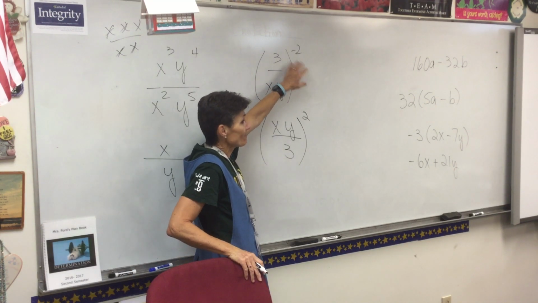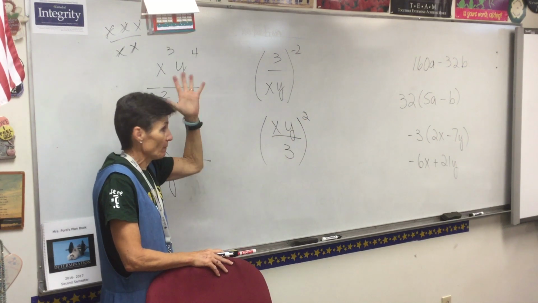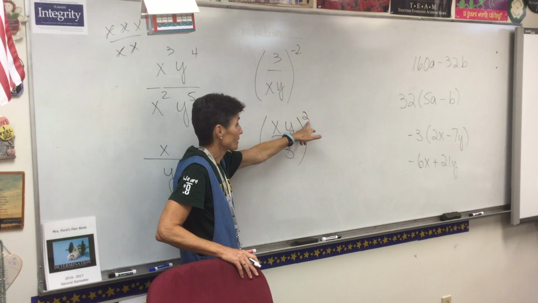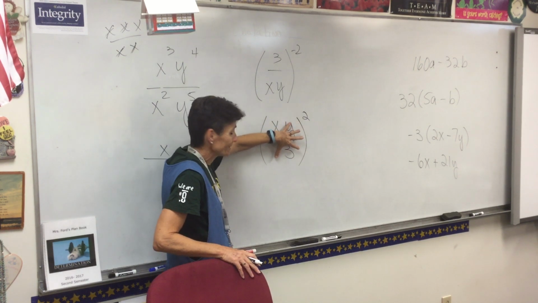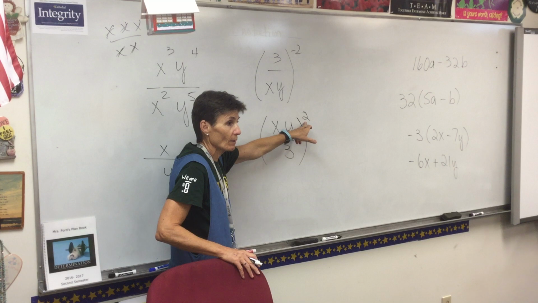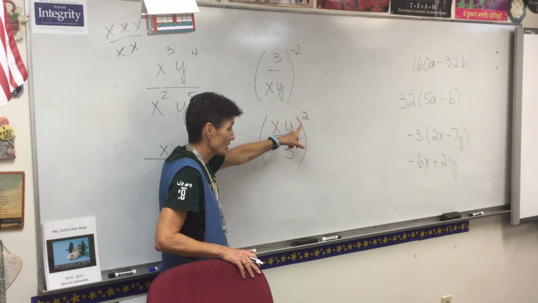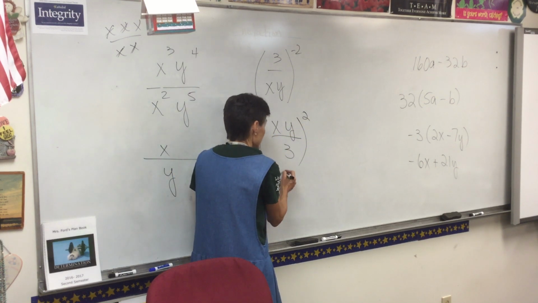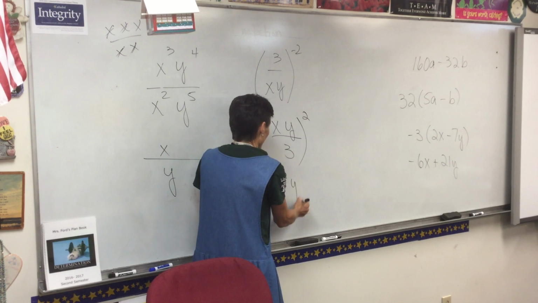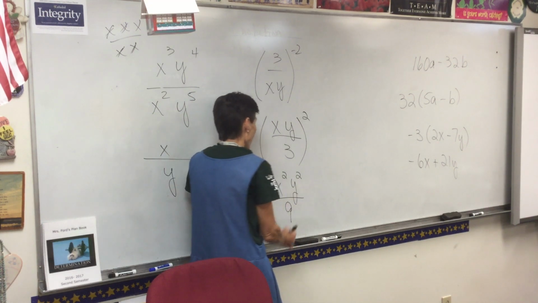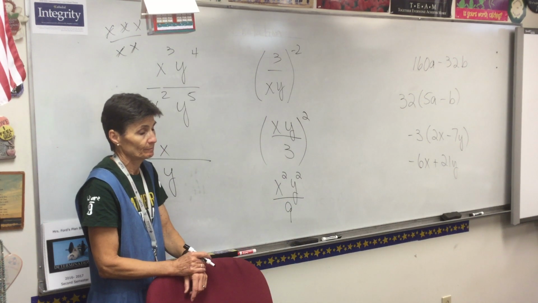Whenever you have a negative exponent, flip it so that the exponent is now positive. Now, this is a quantity raised to a power. Remember, that means everything in the quantity gets raised to the power, right? So this is going to be x to the second, y to the second, over, do not screw this up, the bottom will be 9, 3 to the second.